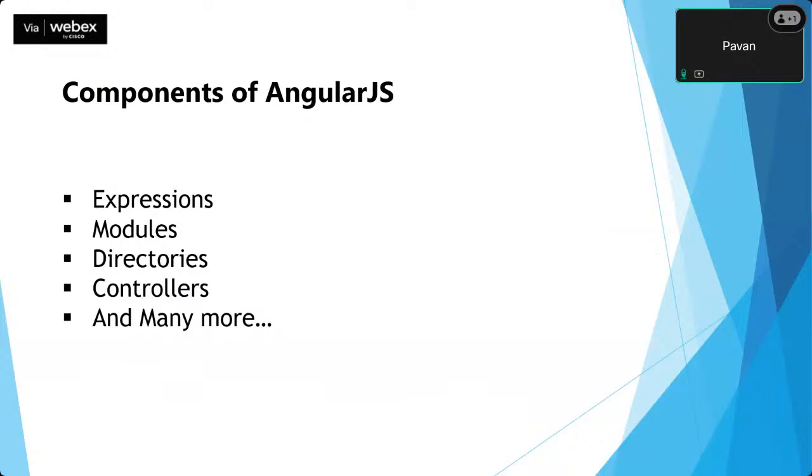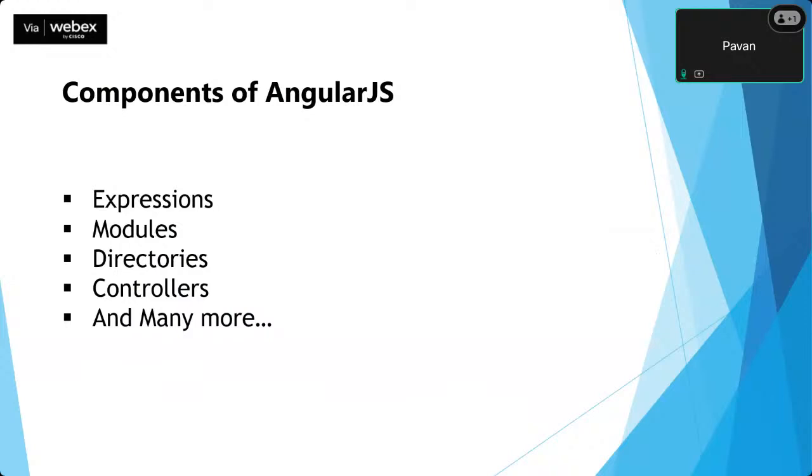Let's move on to the next slide, that is components of AngularJS. AngularJS has several components like expressions, modules, directives, controllers, and many more. Here I listed just a few of them, that is the basic ones. While moving on to the next sessions of AngularJS, we'll get to know other components also, but they won't be covered by me.